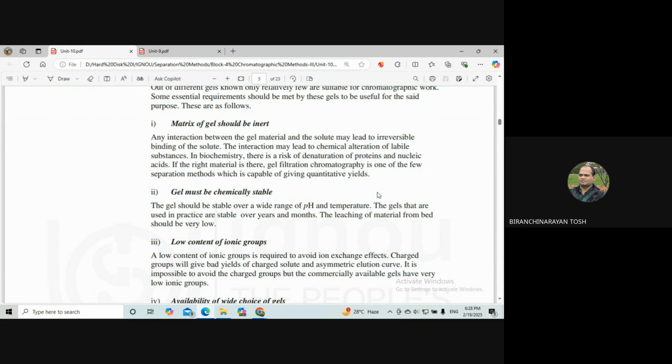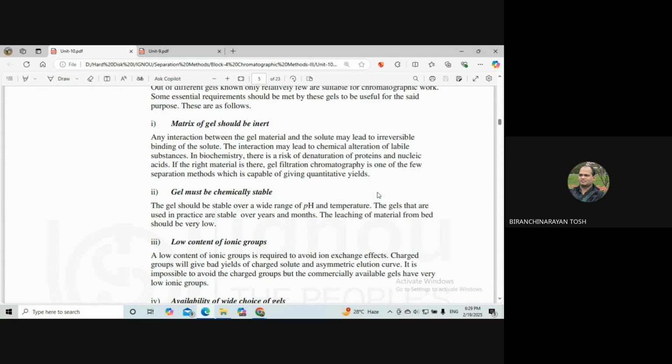Charged groups will give bad yields of charged solutes and an asymmetric elution curve. It is impossible to avoid charged groups entirely, but the commercially available gels have very few ionic groups. So care must be taken during preparation or synthesis of the matrix, that means the polymer, so that there are fewer ionic groups.